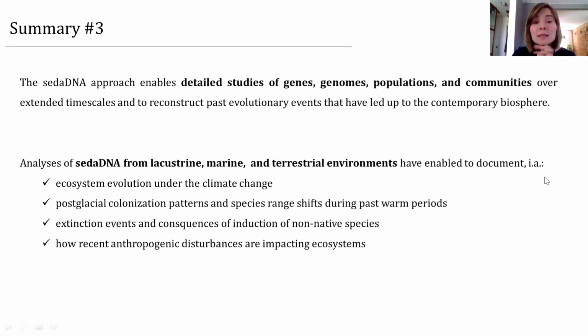The analysis of this DNA from marine, lacustrine, and also terrestrial environments, such as permafrost, can document the evolution of ecosystems, post-glacial changes, extinction events or invasions of new species, and also the anthropogenic impact on ecosystems.